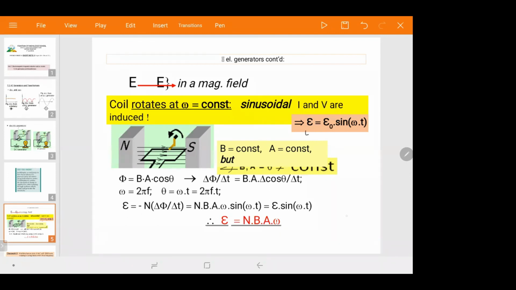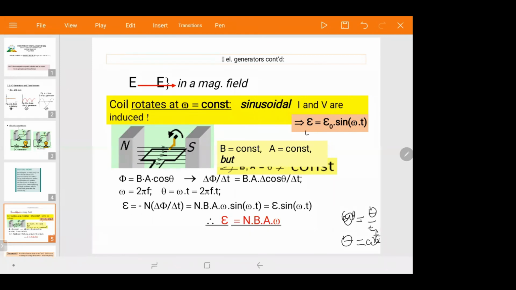Where did that come from? Don't you remember? Grade 10, 11 somewhere, that angular speed is equal to angle divided by time. So if you solve for angle, you get angular speed times time. That's the angle which you find in here, and that angle depends on time.